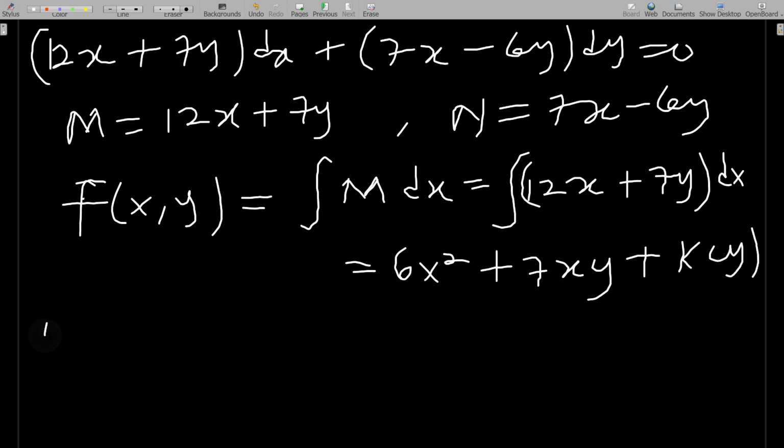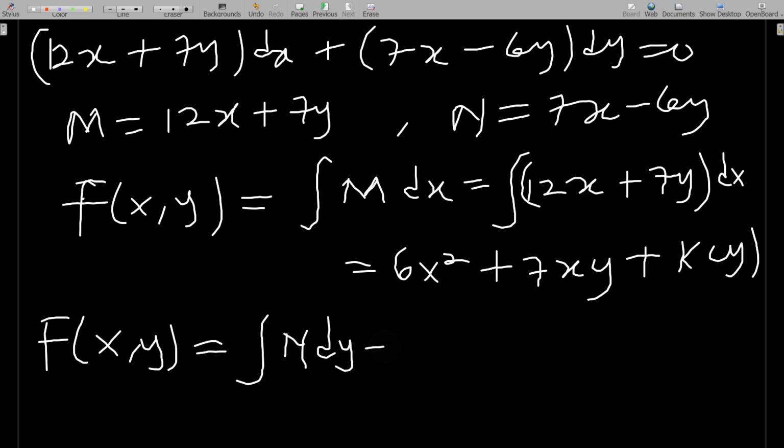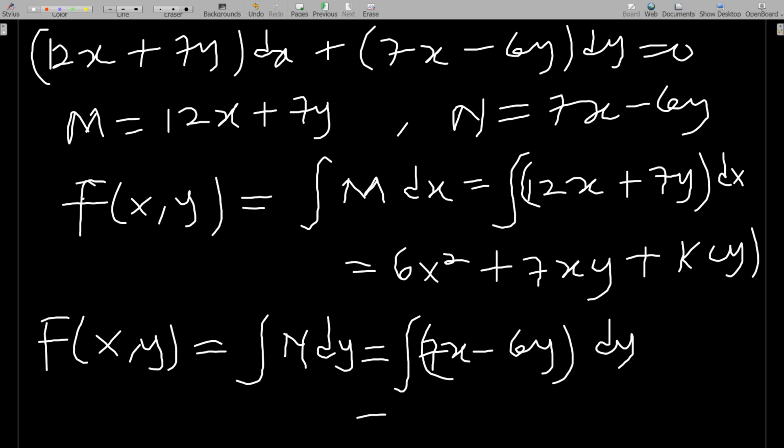When you pick the N, that same f of x, y is the integral of N with respect to y, which is the integral of (7x - 6y) dy. This gives me 7xy minus 6y squared over 2, which is 3y squared, then plus some function p of x.